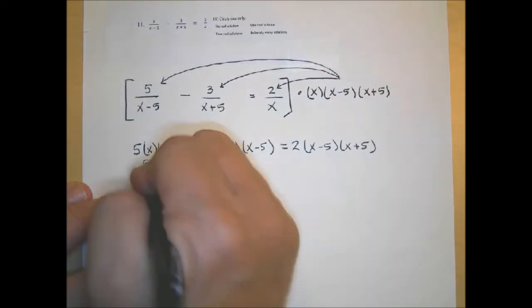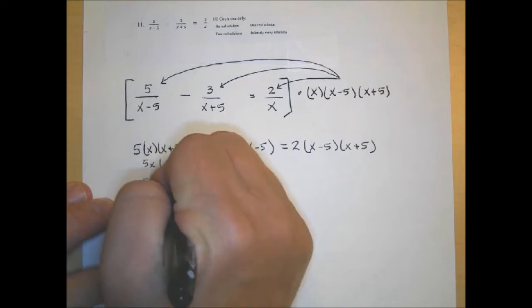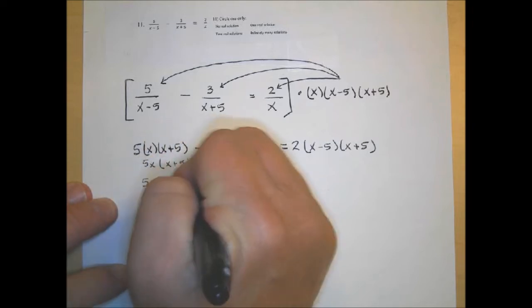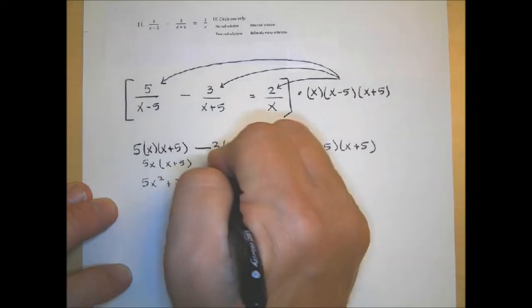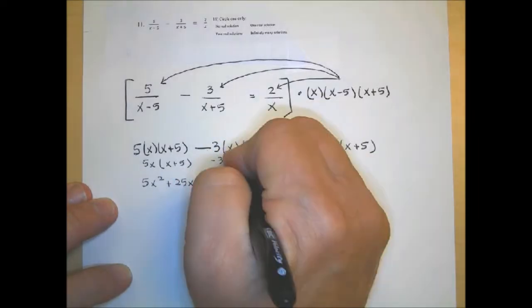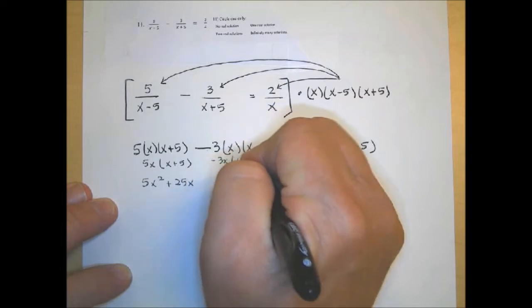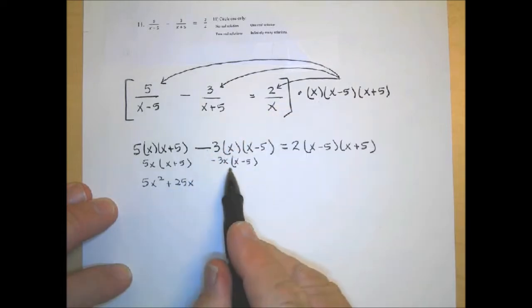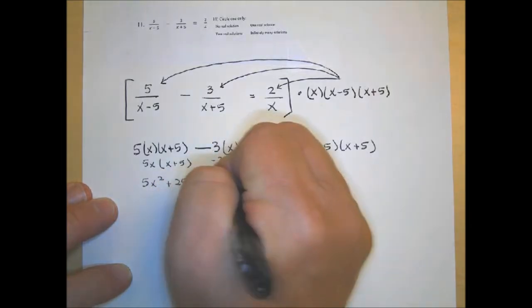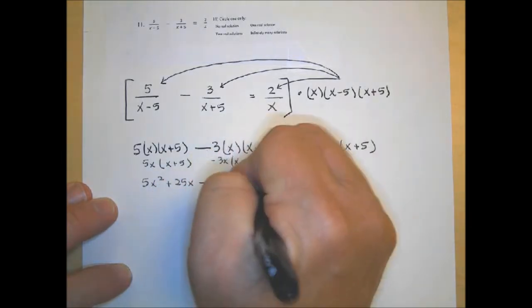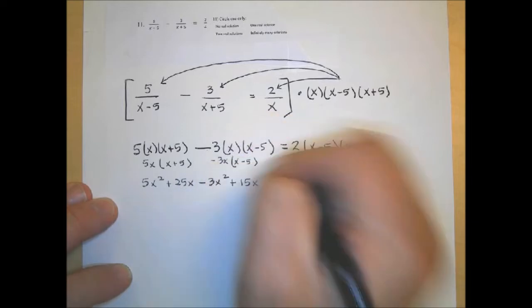So that would be 5x squared plus 25x. This minus 3x can be thought of as a negative 3x, but it needs to get multiplied by the x minus 5. So that would be negative 3x squared, and then it would be plus 15x.